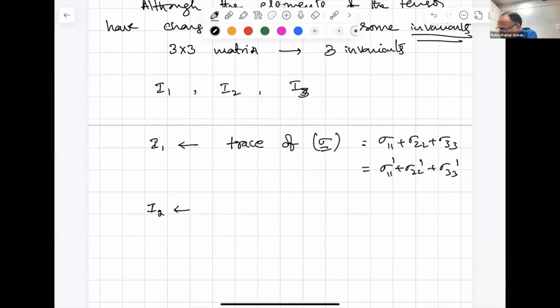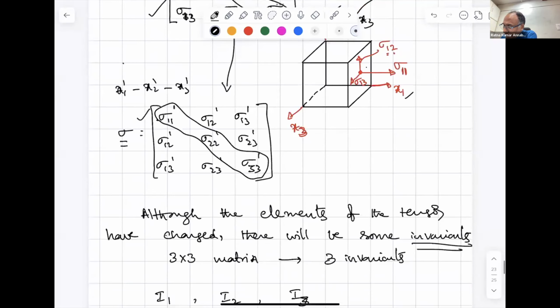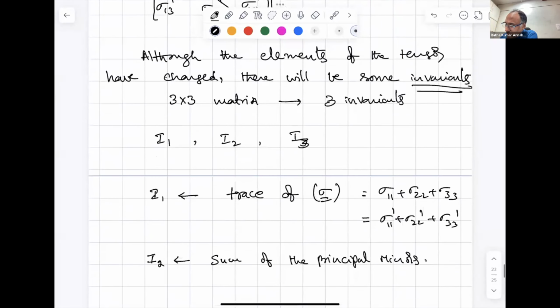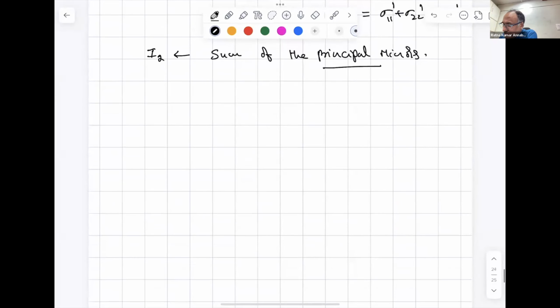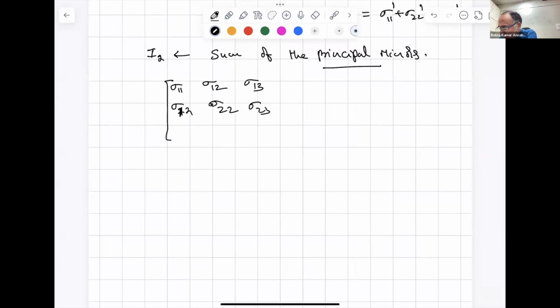I2 is called the sum of the principal minors. What is a principal minor? You know what is a principal minor? So suppose you take sigma 1, 1, sigma 1, 2, sigma 1, 3, sigma 1, 2, sigma 2, 2, sigma 2, 3, sigma 1, 3, sigma 2, 3, sigma 3, 3.